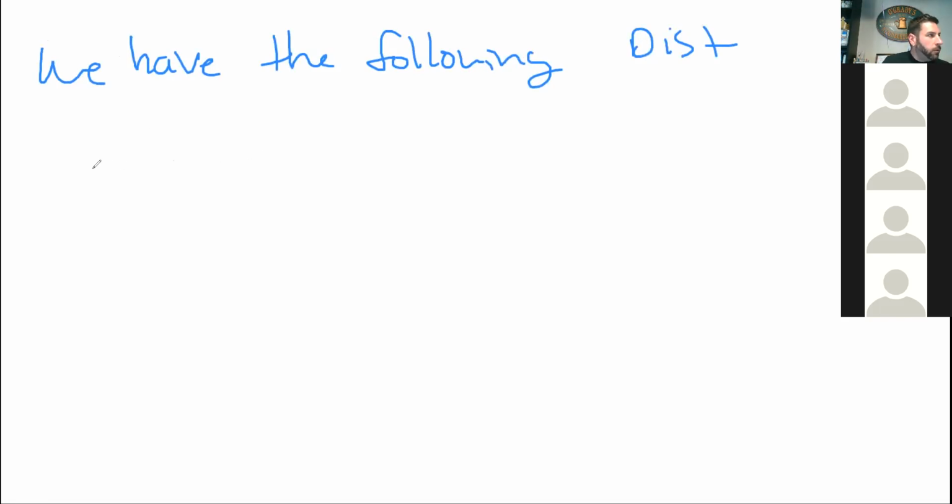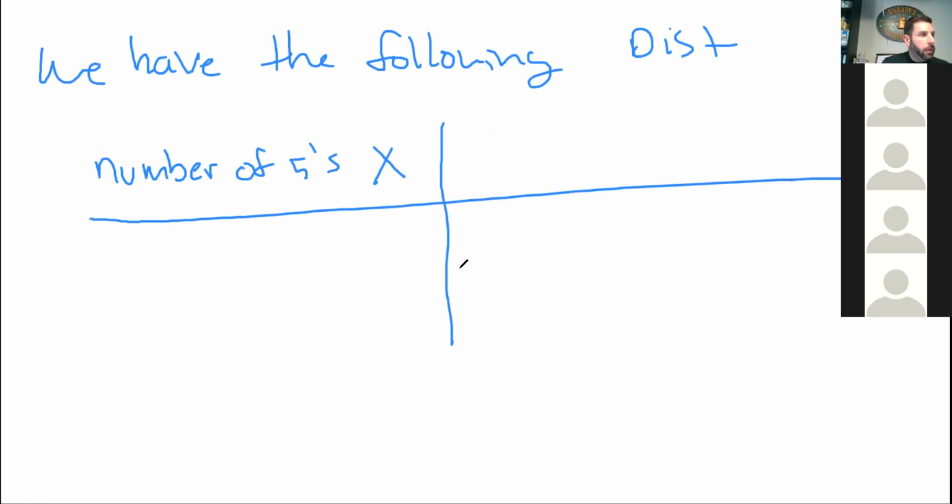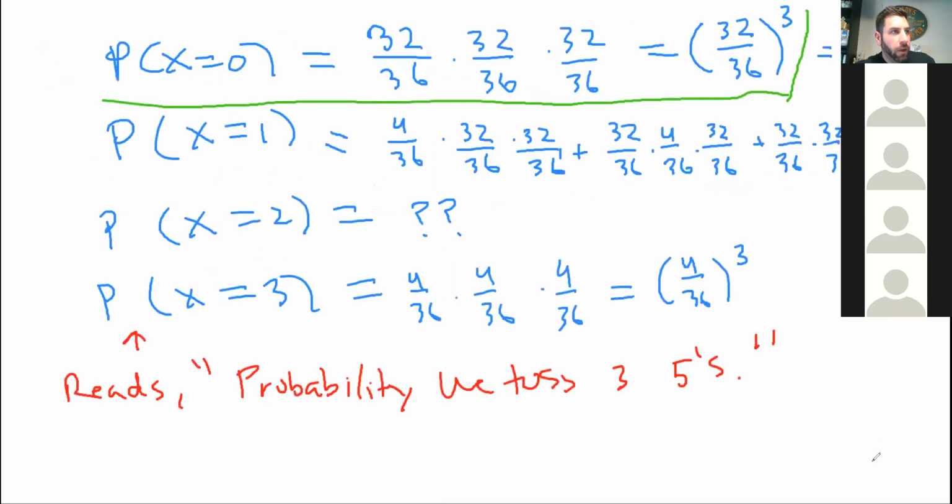Well, we have number of 5s, and we'll use X to denote that. So what can we have? We can have 0, we can have 1, 2, or 3 5s. And then what is the probability we have them? We have to go all the way back to our first page. The probability we get no 5s is 32 over 36 to the third.